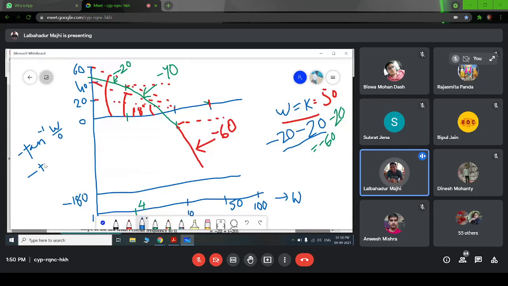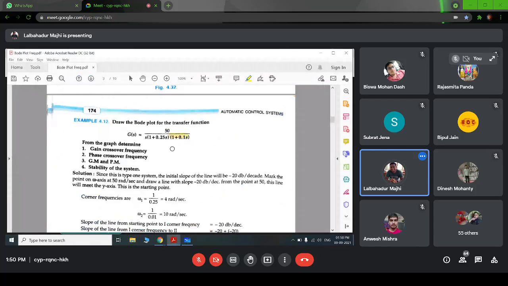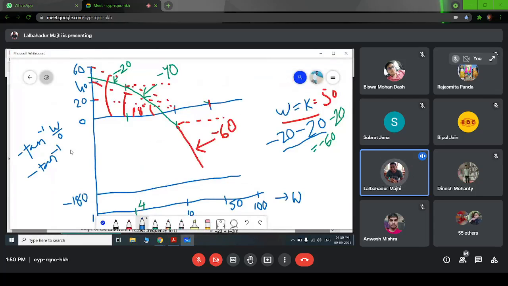Similarly, minus tan inverse of the next one, 0.25. Yes, we have written s equal to j omega, so 0.25 omega divided by the real part 1. So it will be tan inverse of 0.25 omega.